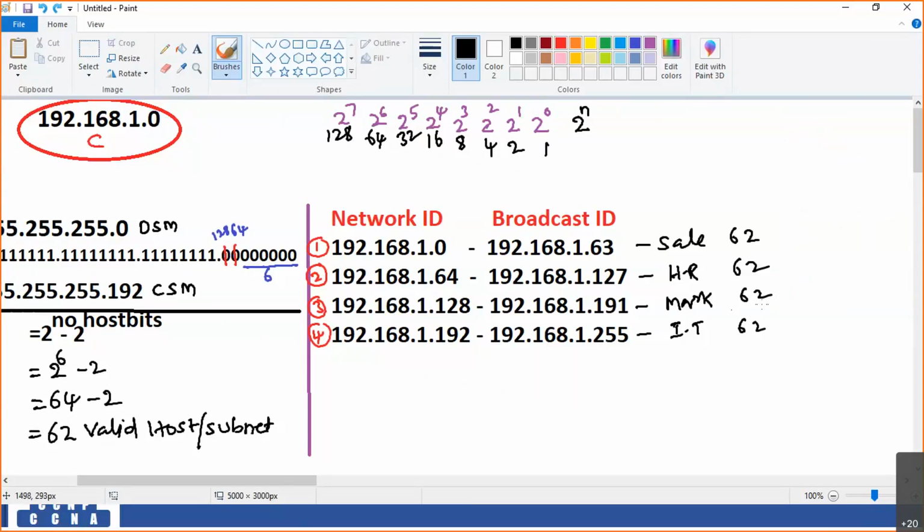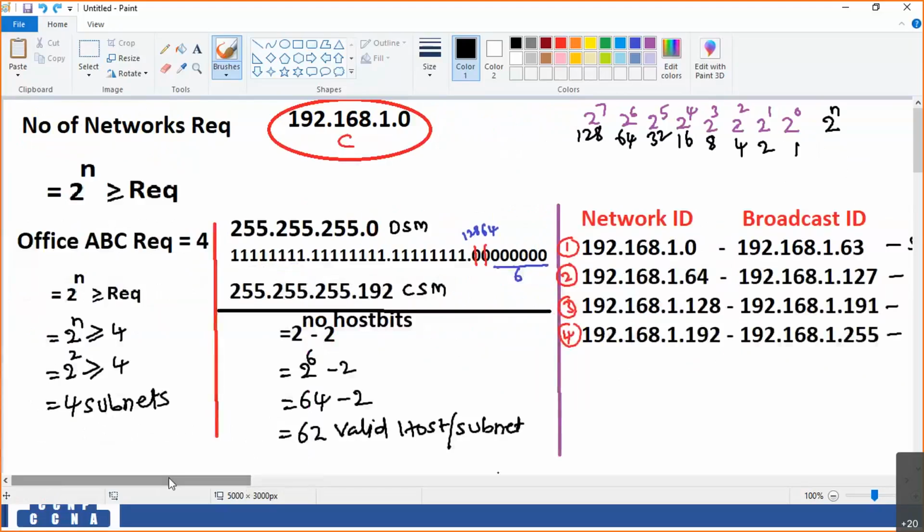So in 4 subnets, the subnet mask is the same for all departments. Clear?